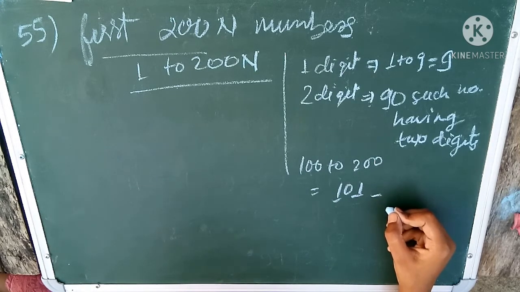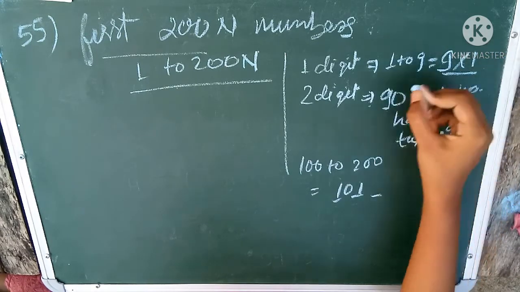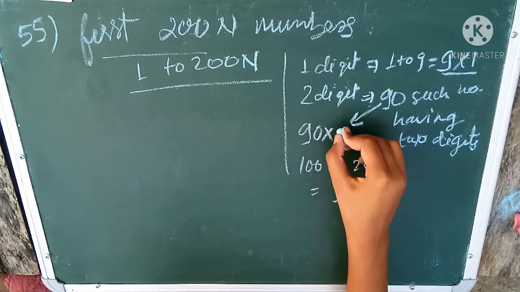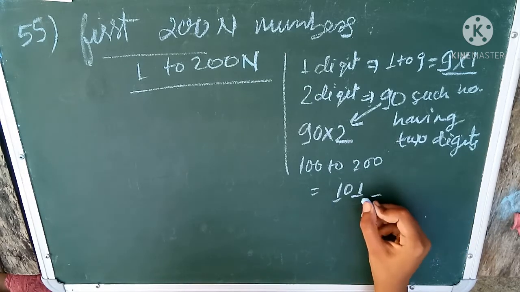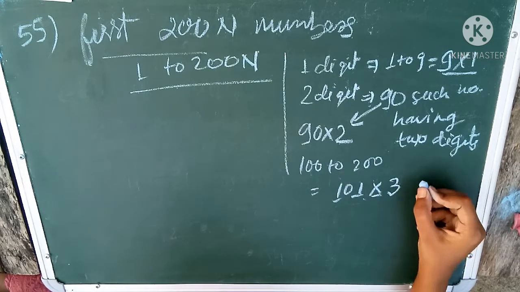To count each and every digit, we multiply 9 by 1 because they are all one digit numbers, and 90 by 2 for the two digit numbers. We have 101 three digit numbers, so we multiply by 3.